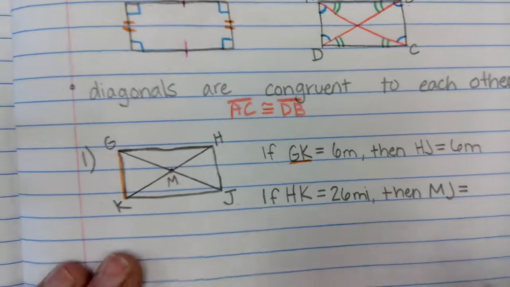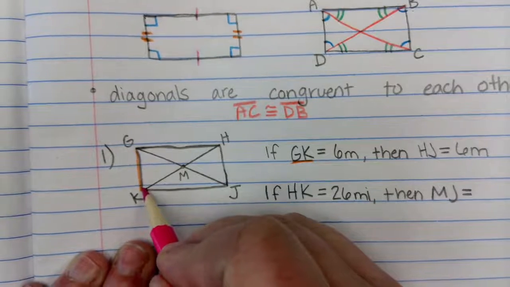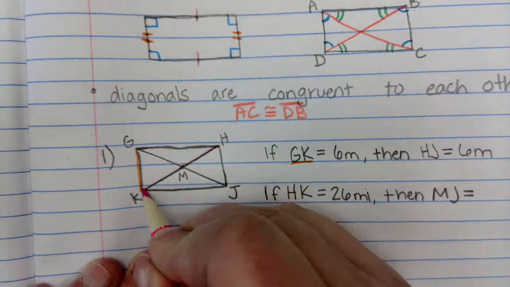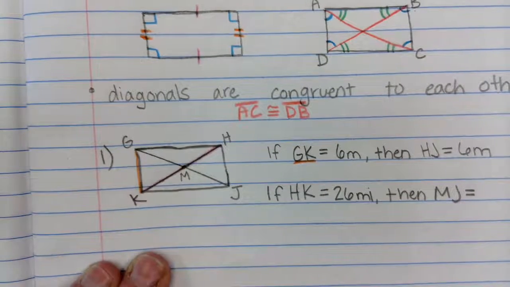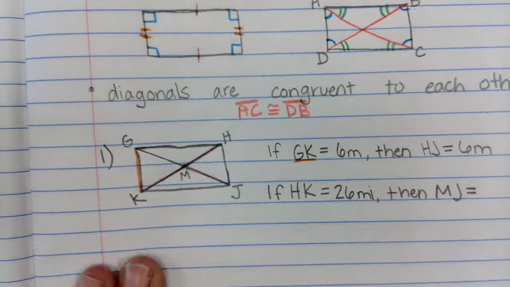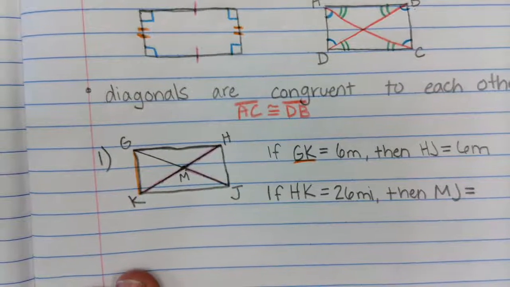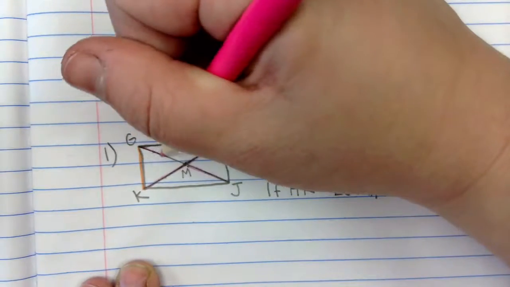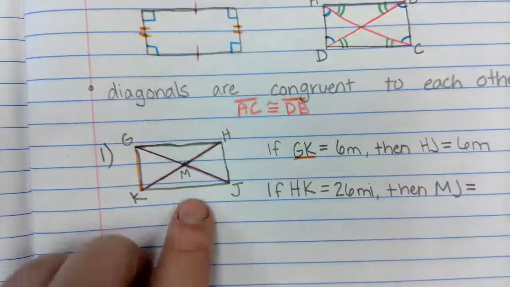Yeah, G to J, these are congruent. So the whole thing here is 26. And then M is in the middle. It bisects it. It's the midpoint. So if we do 26 divided by 2, 26 divided by 2 is 13.